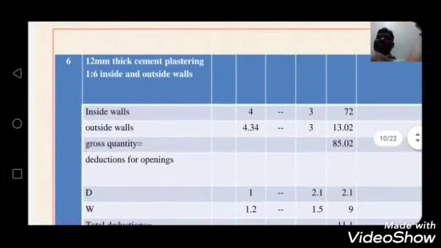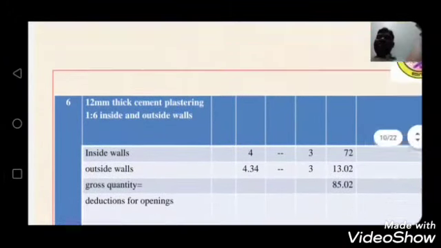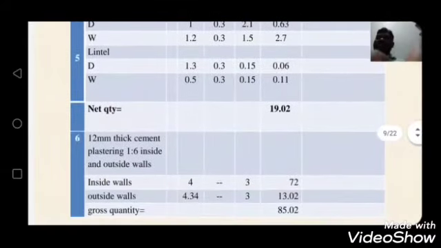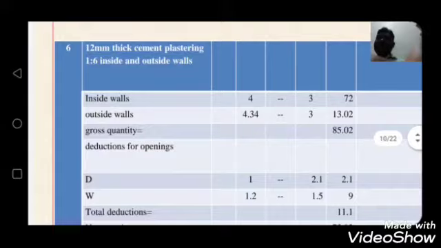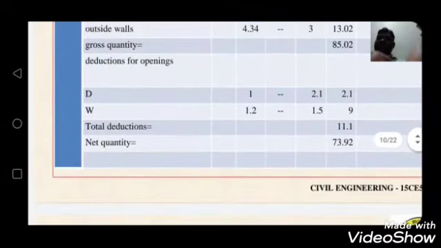12 mm thick cement plastering 1:6 inside and outside walls. The deduction for openings: D is equal to 1 into 1 into 2.1, which is equal to 2.1 square meter.